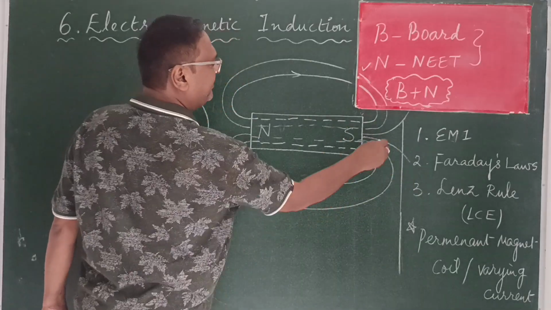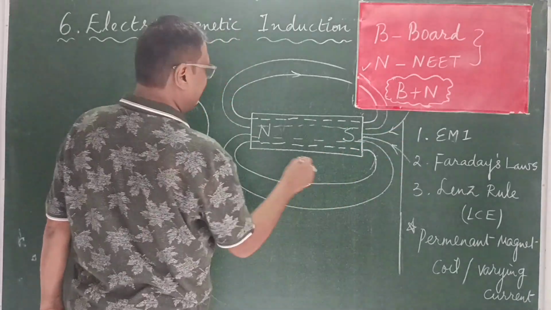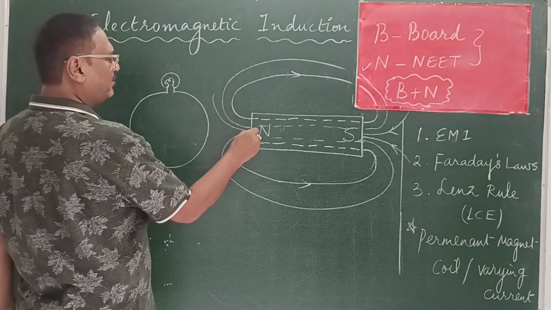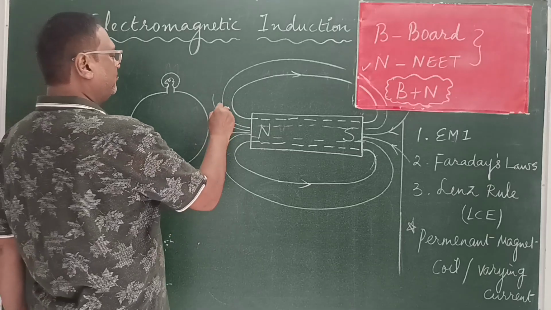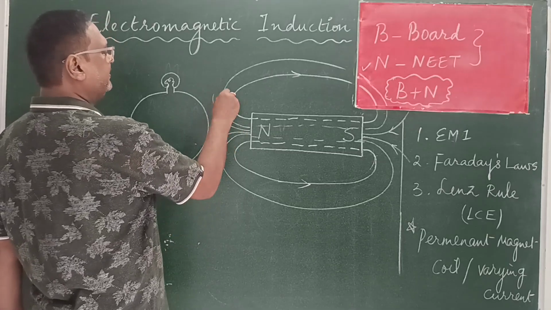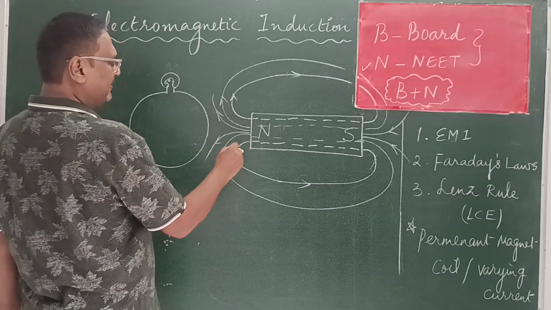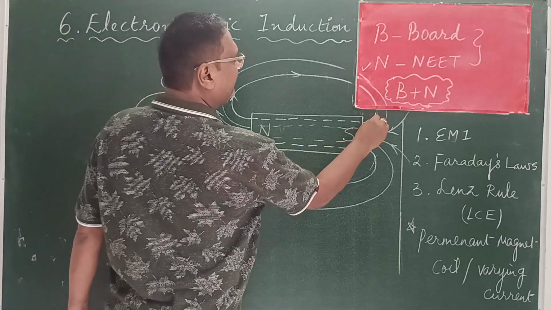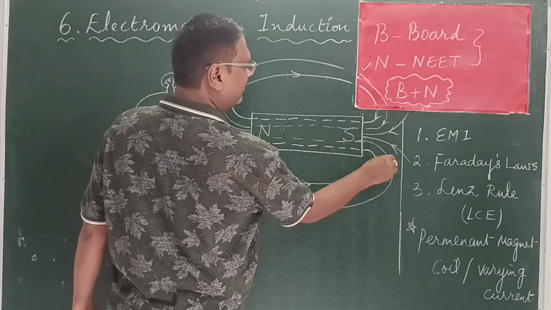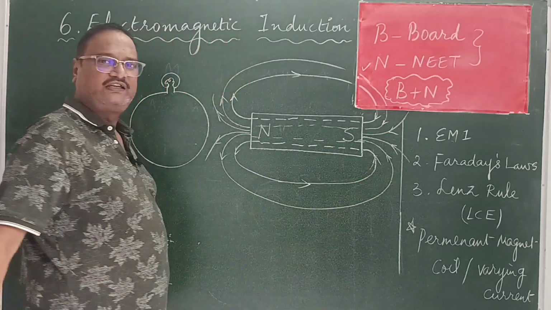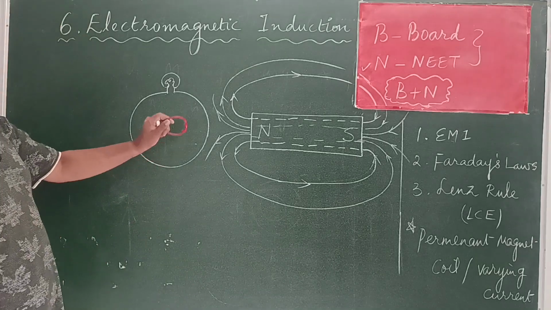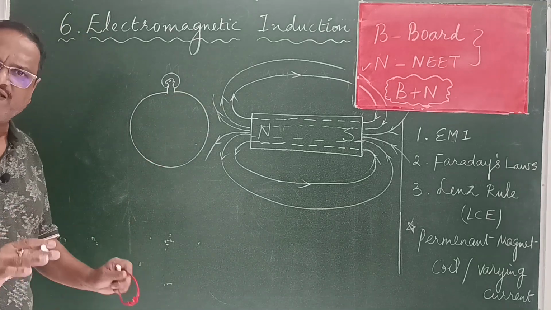Here it is going out, so the arrow will be in the outward direction, and at the South Pole they all are coming inward. So, this is the basic magnetic field.